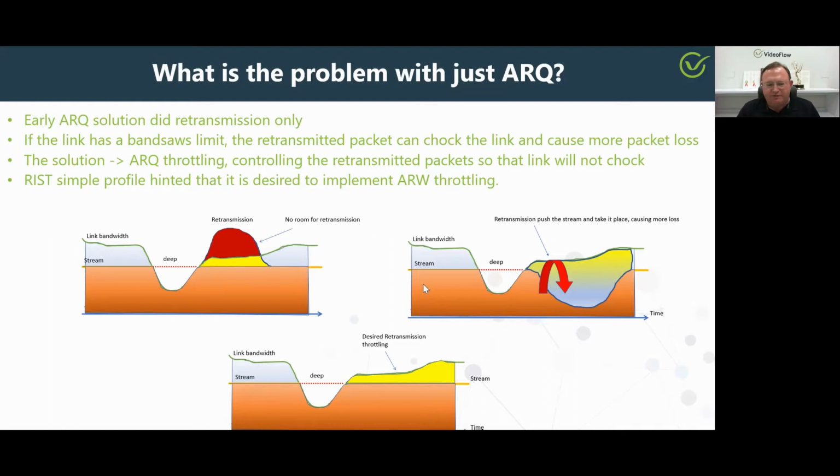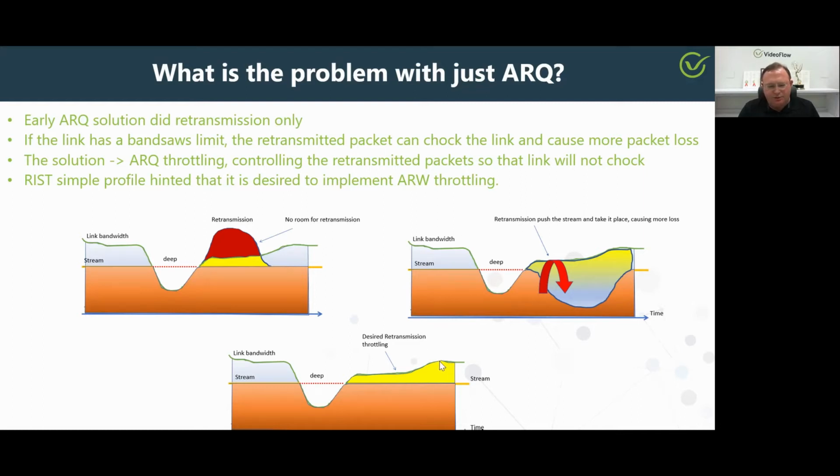So instead, we will have the right. We will see the retransmission starting, hitting the ceiling, and then it will start forcing downwards, taking bandwidth, and this will basically also push on the stream and create more packet loss. It will push and push until the link will choke, and that is not what we want.